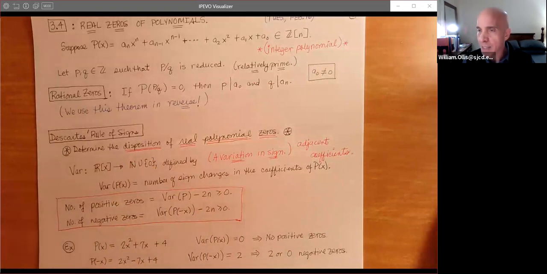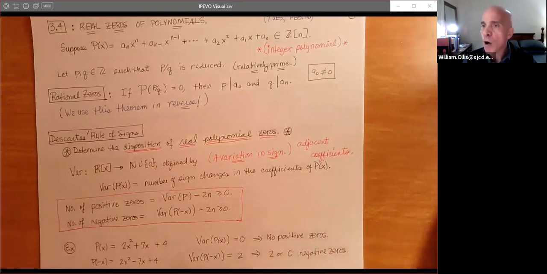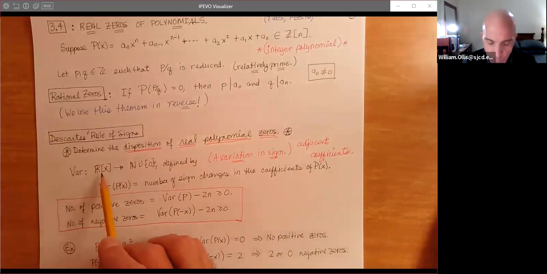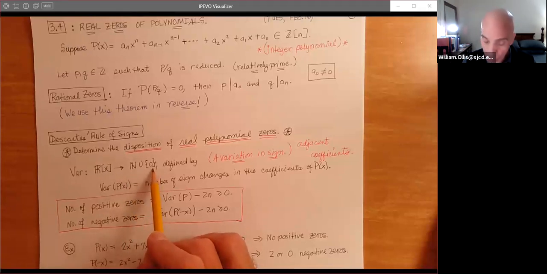That's just how it is when you're studying this in pre-calculus. And what we want to do is check on a function called variation in sign. So I've called it var for variation. So we're going to move from the real polynomials into the non-negative integers, basically the counting numbers 1, 2, 3, 4, including 0.